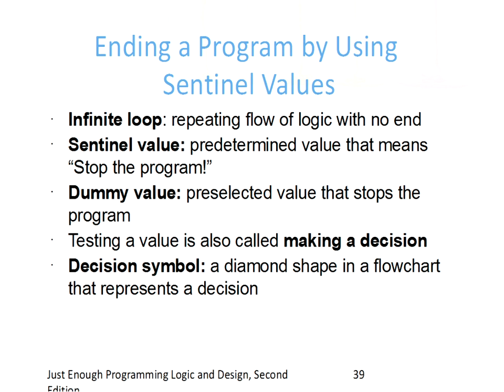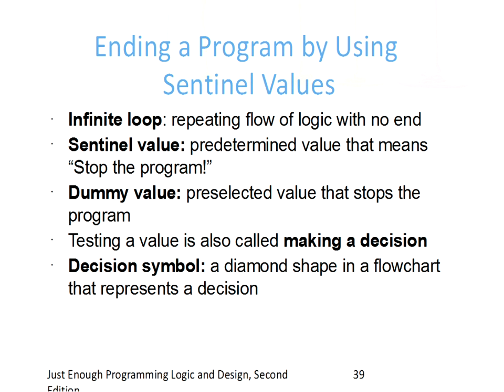There are more definitions to learn. An infinite loop you can't get out of. Right? Repeating the statement so many times you can't get out of it. A sentinel value is a value that tells you when to stop. Think about a sentinel value when you're playing games and you lost the game.